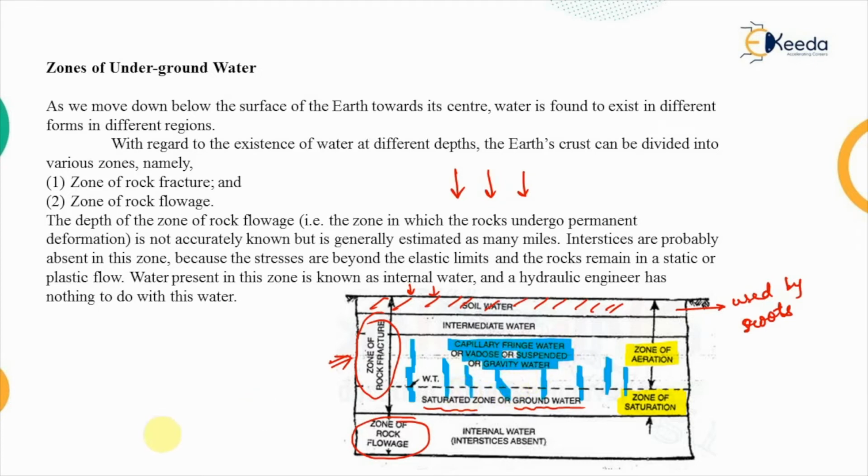All of these are the names for this region within the zone of aeration. Then the rest of the zone of aeration is divided into soil water and the intermediate water.